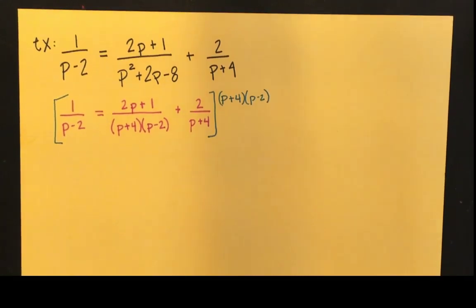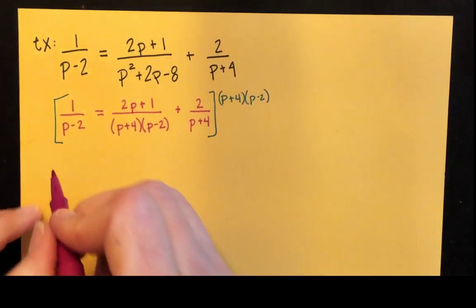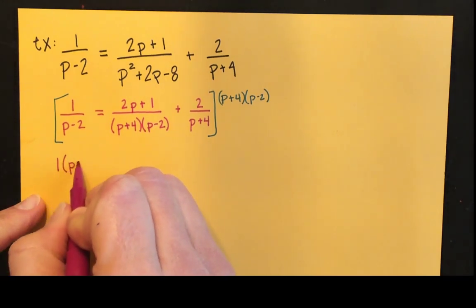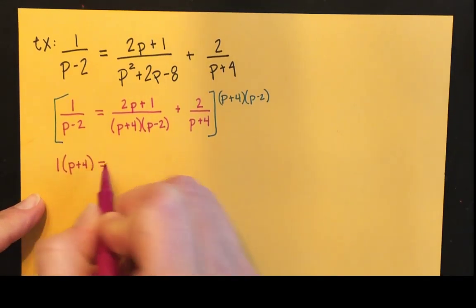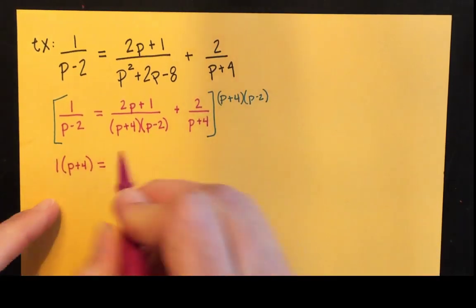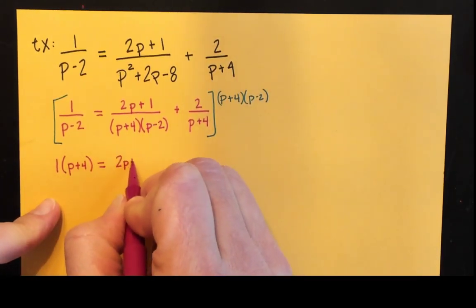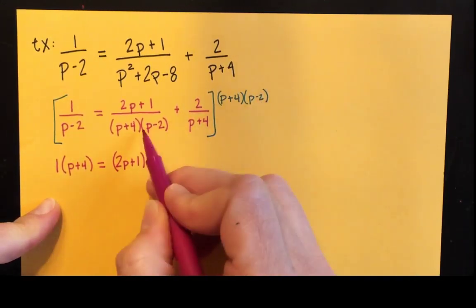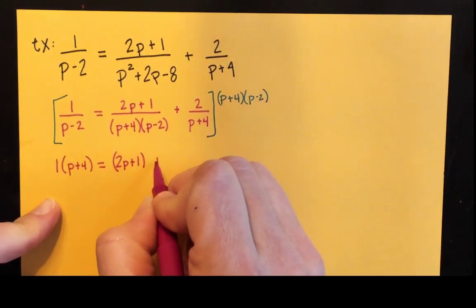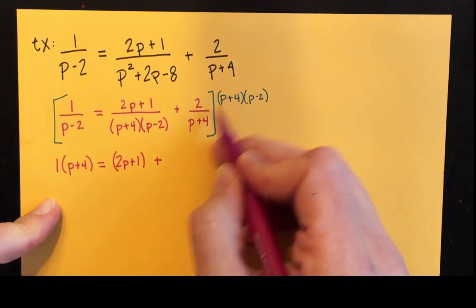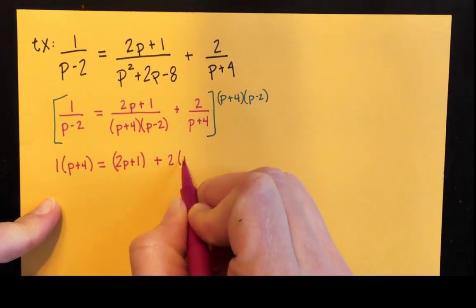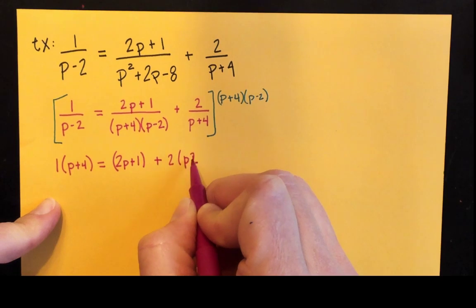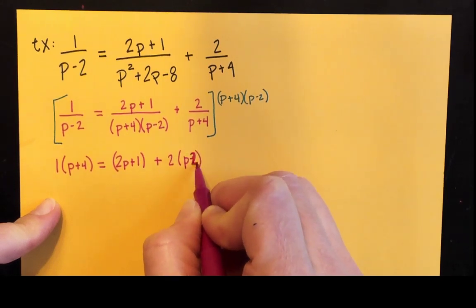So we're going to distribute that through, and the p minus 2's are going to cancel here, and that leaves me with 1 times p plus 4. The p plus 4's are going to cancel here, and look, all of it cancels. And the p plus 4's cancel here, and we end up with that.